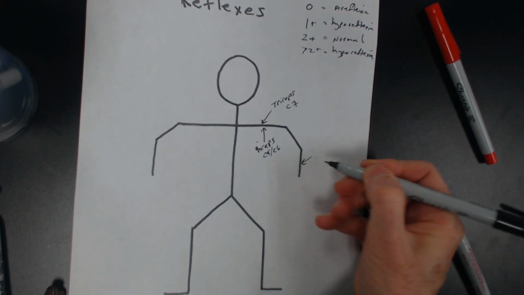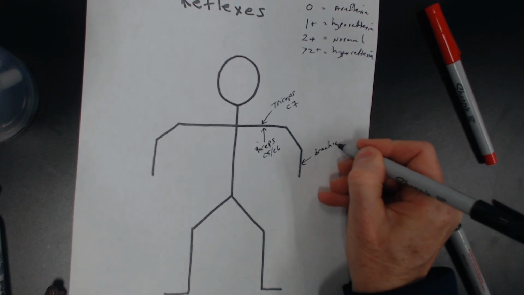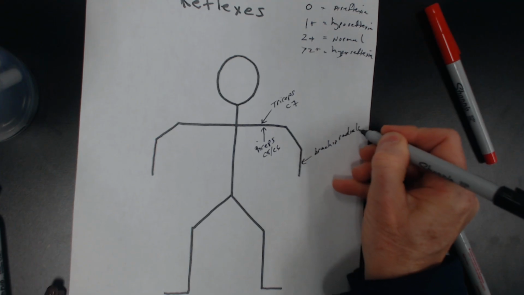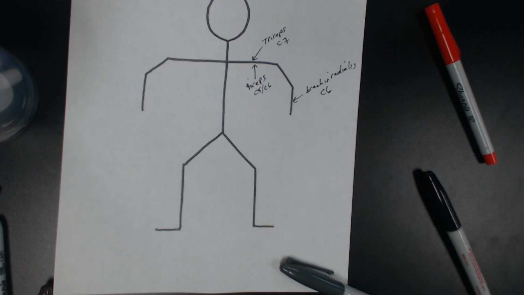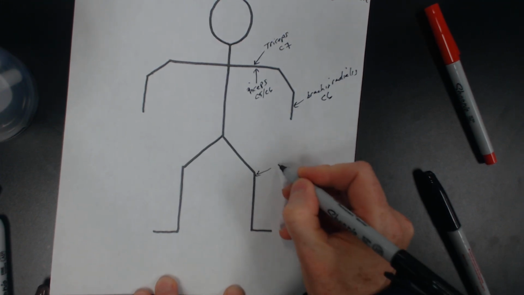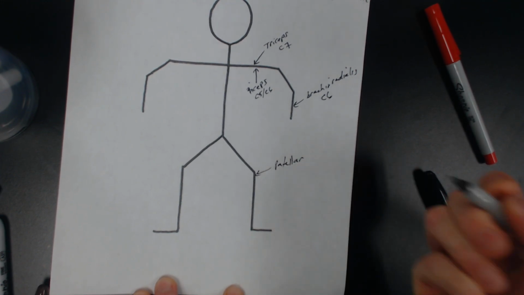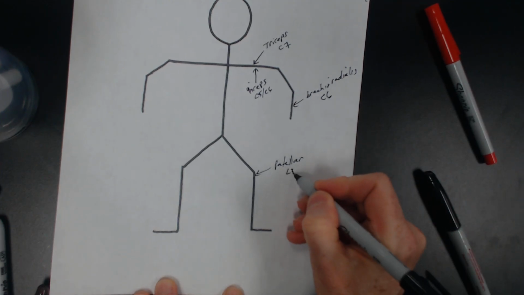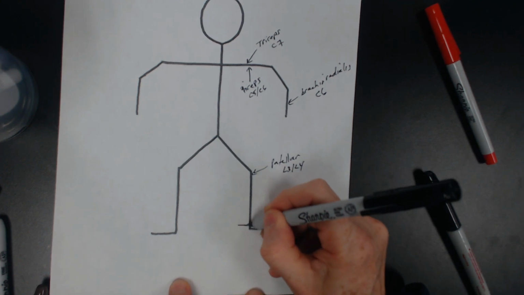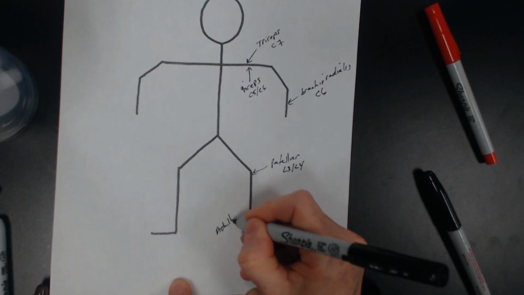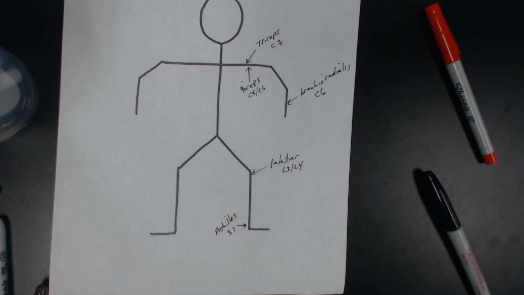This area here is brachioradialis. Again, that's going to be C6. This is patellar reflex. It's going to be L3, L4. And then your Achilles reflex, S1.